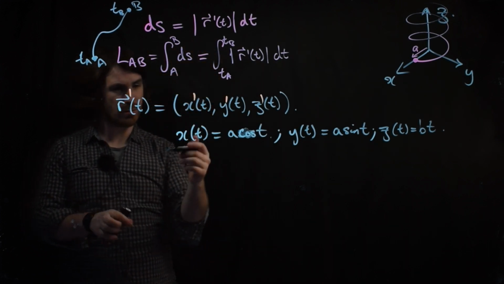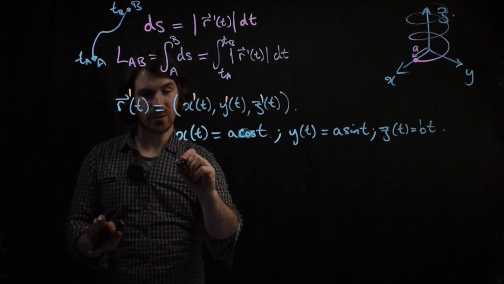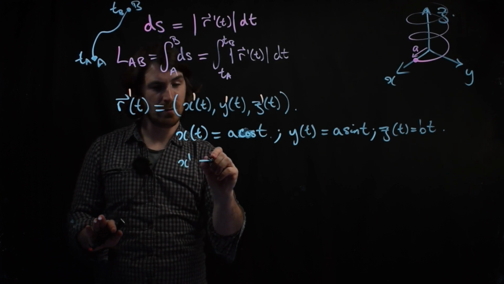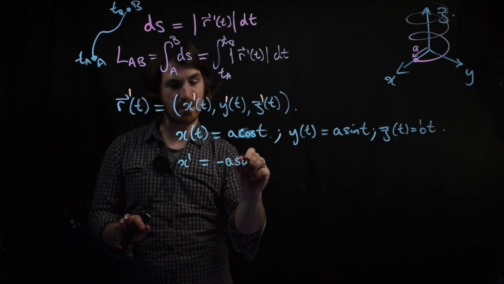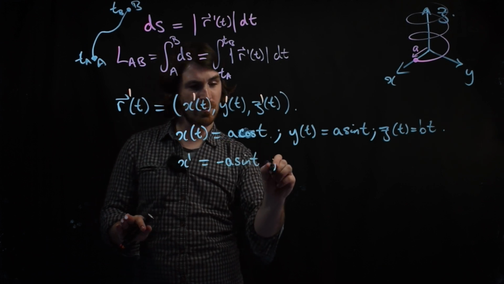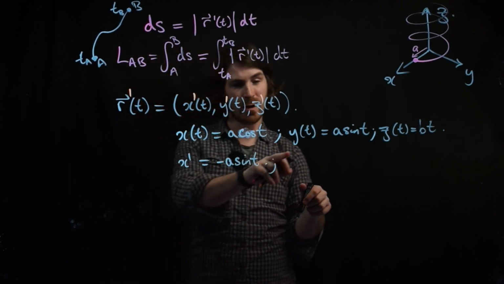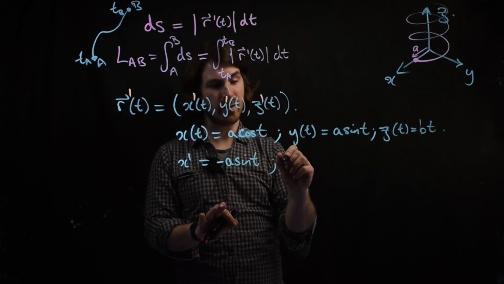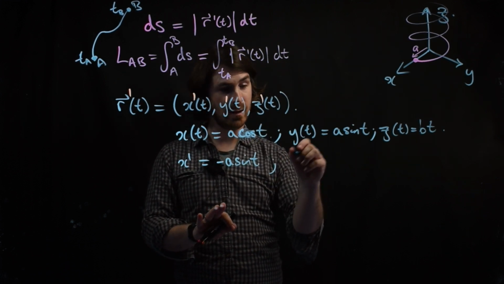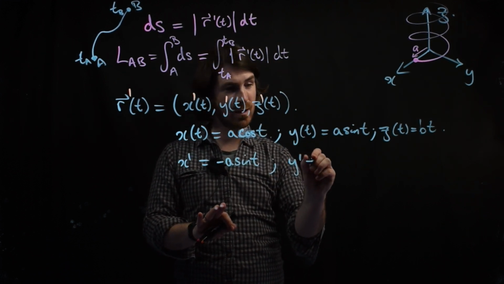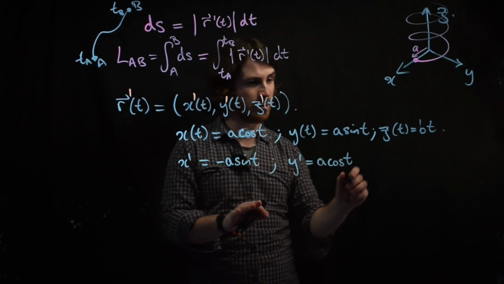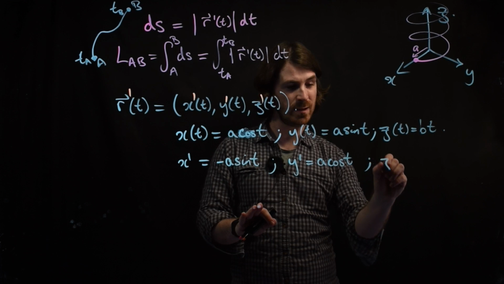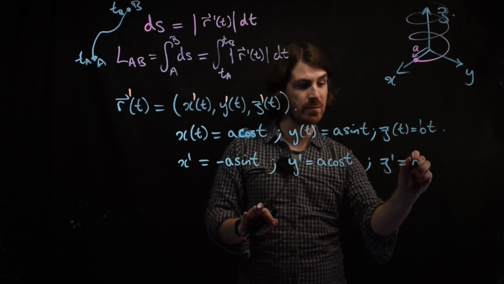We know what these derivatives are. x prime is minus a sine t, y prime is a cosine t, and z prime is just b.